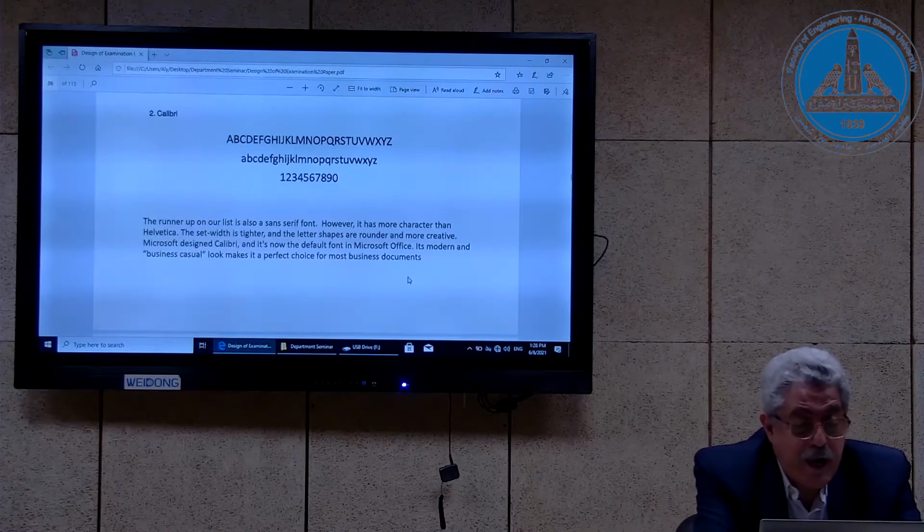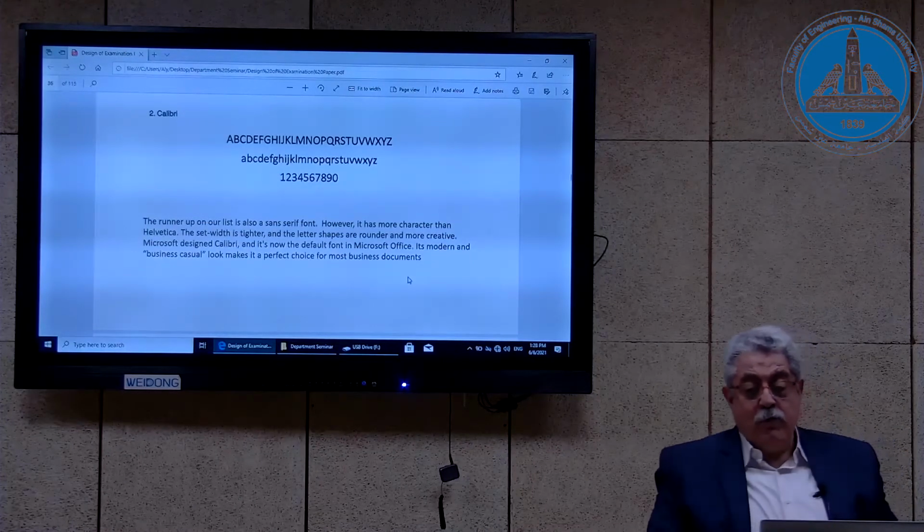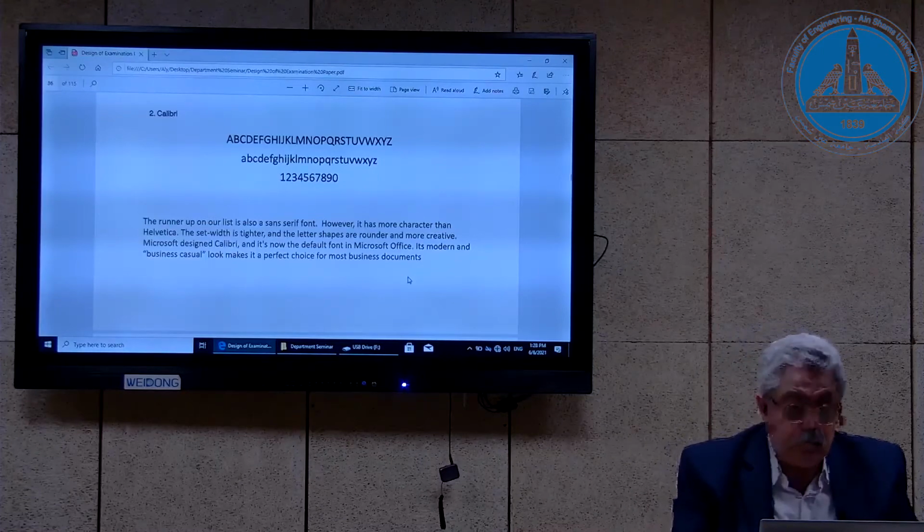However, it has more character than Helvetica. The set width is tighter and the letter shapes are rounder and more creative. Microsoft designed Calibri, and it's now the default font in Microsoft Office. Its modern and business casual look makes it a perfect choice for most business documents.